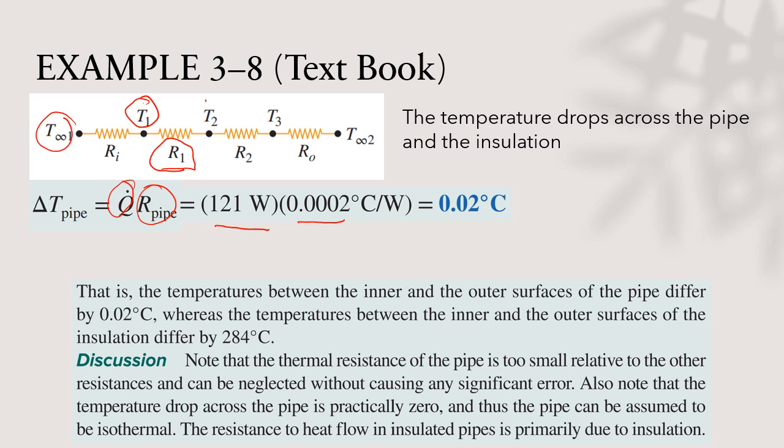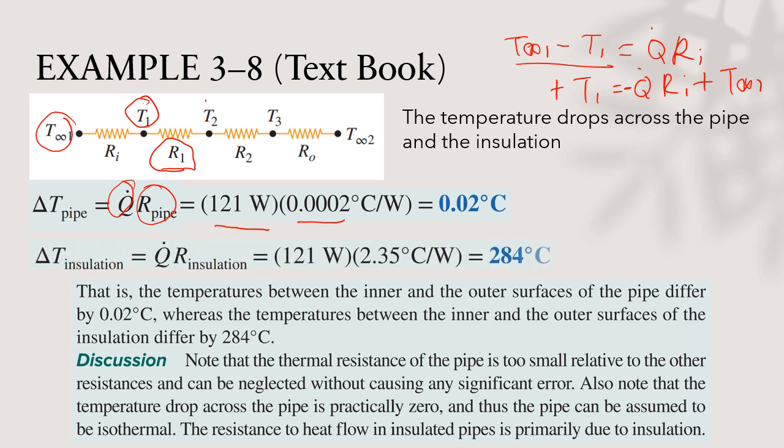So for example, T infinity 1 minus T1 equals Q dot R1, and we want to know T1, so T1 equals T infinity 1 minus Q dot R1. So this is how we can use the similar equation to calculate temperature as well, not only temperature drops.